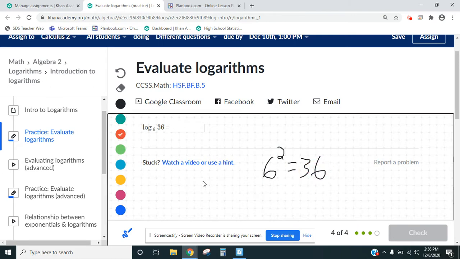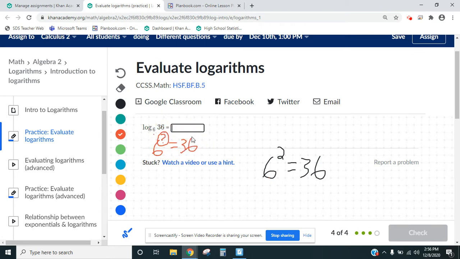So in this equation, we're saying 6 to the second power equals 36. When we do a logarithm, we're working it backwards. We're saying 6 to some power equals 36. What is the exponent? In this case, it would be 2. So we're just reworking this equation.